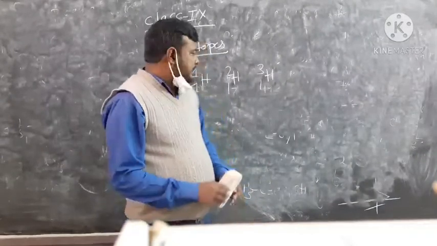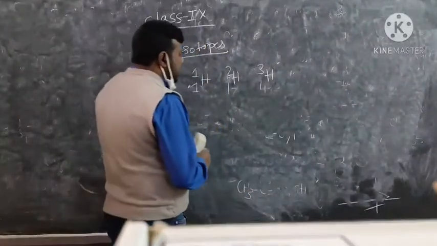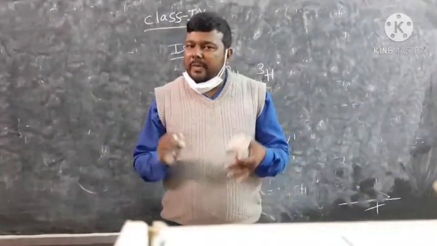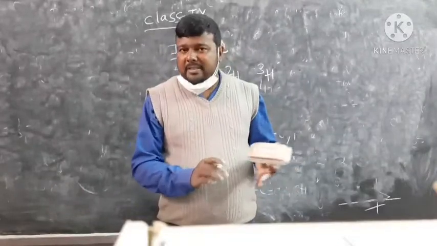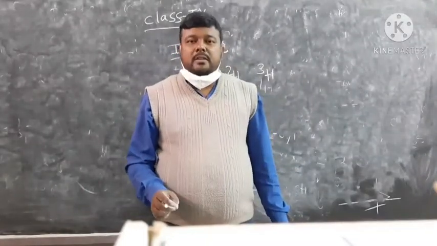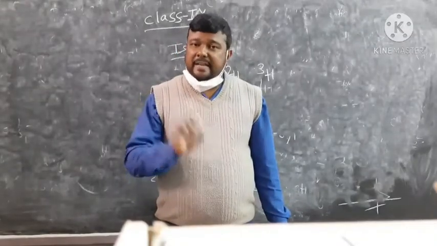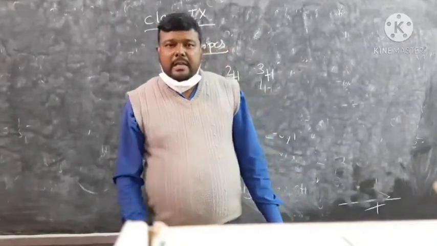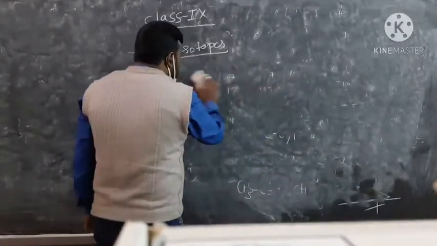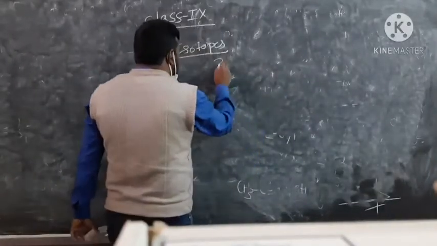Okay, so now see that isotopes are the atoms of the same element which have the same atomic number but different mass number. Due to the presence of isotopes, the elements may have an average atomic mass or fractional atomic mass. Let us try to explain this. You know that chlorine has the atomic mass 35.5.